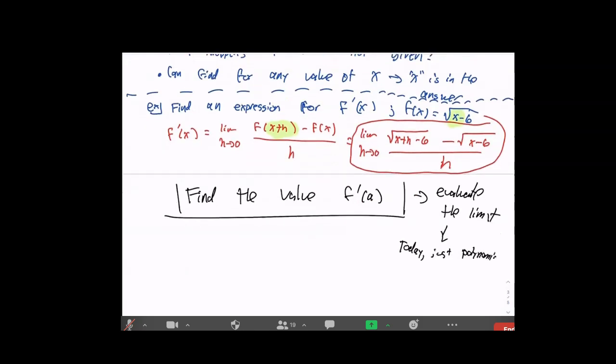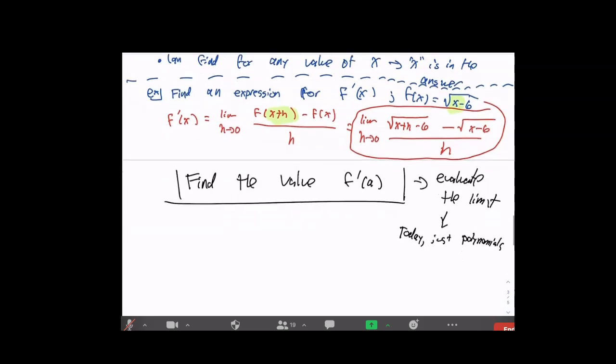We're not going to do radical problems. I know that's probably too much to handle too fast for the majority of us. There's a lot to throw at you if I throw different types of functions. So we're just going to focus on polynomials, and the truth of the matter is you've already done these types of problems.